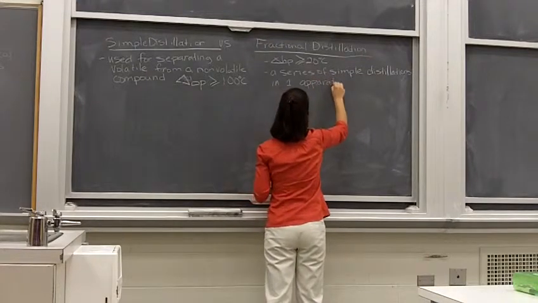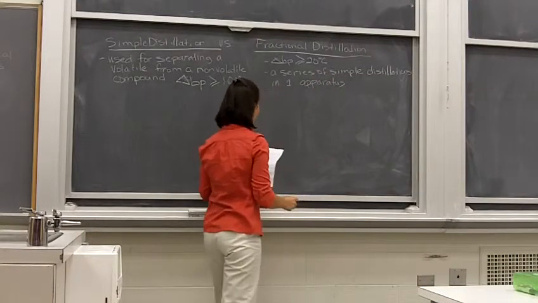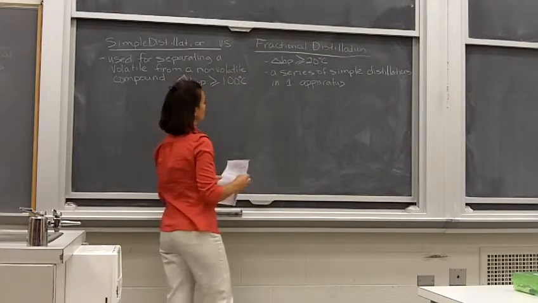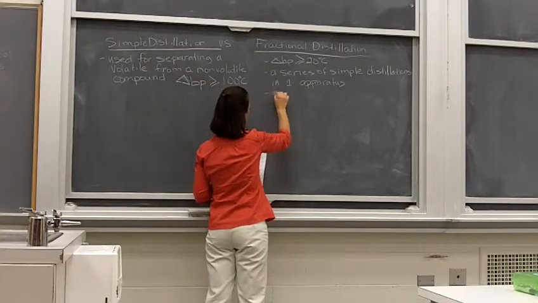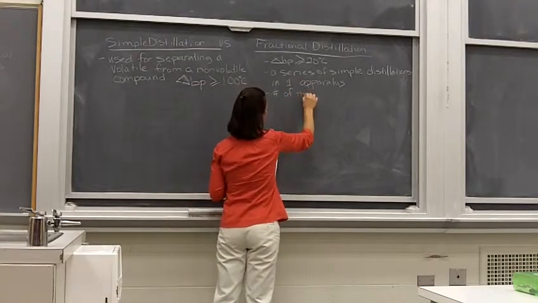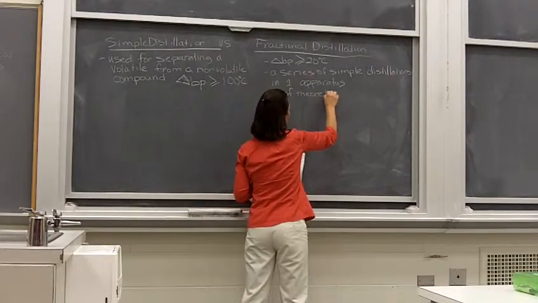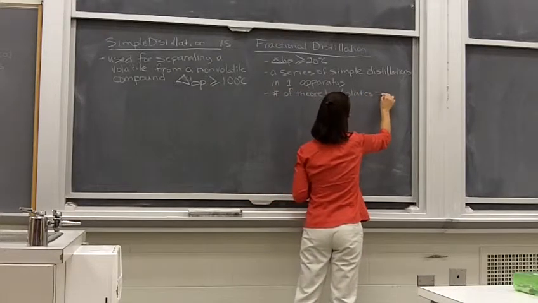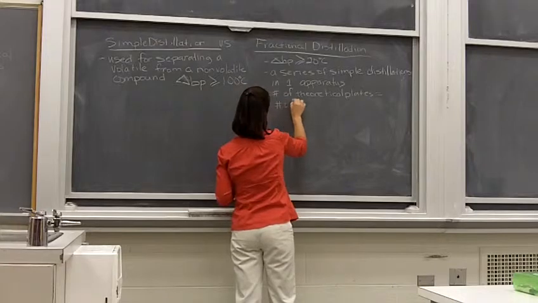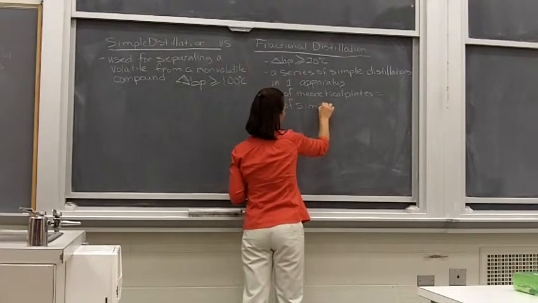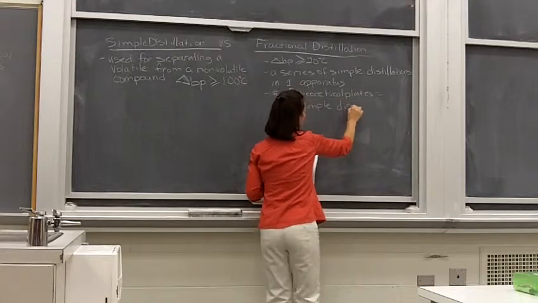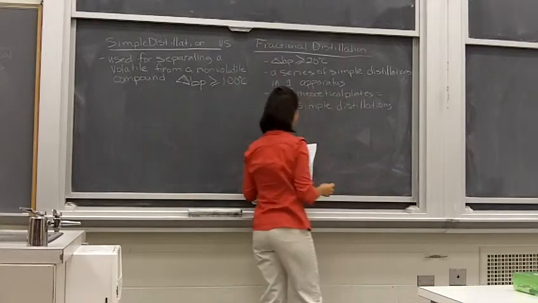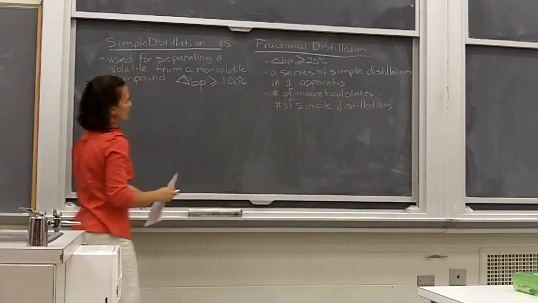And so we use a term called theoretical plates, and I'll tell you where that comes from here in a little bit. But the number of theoretical plates is equal to the number of simple distillations that are carried out in this one apparatus. And so that gives you how many simple distillations are done.